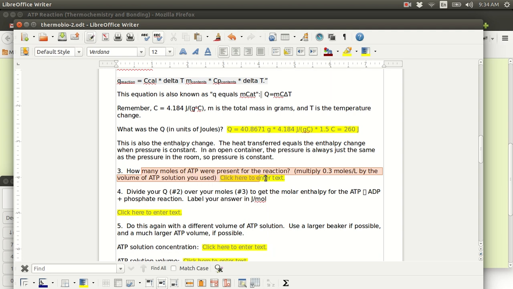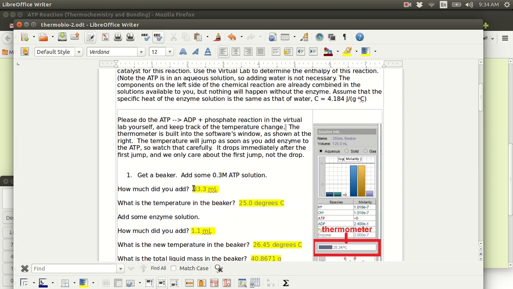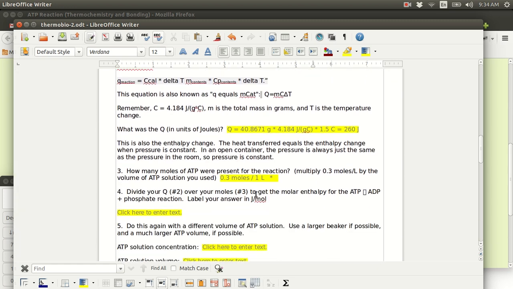How many moles of ATP were present for that reaction? So it was 0.3 moles in 1 liter. I'm going to multiply that by the liters. Now I had 33.3 milliliters here. So that really equals 0.0333 liters. I'll show you how I did that.